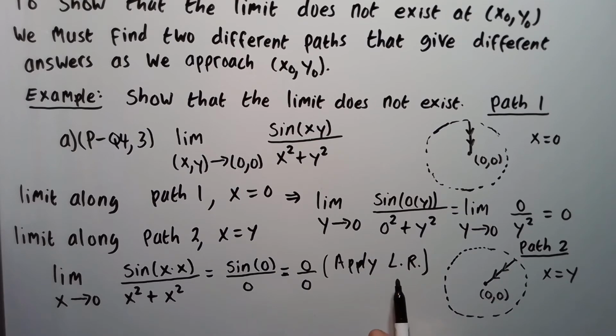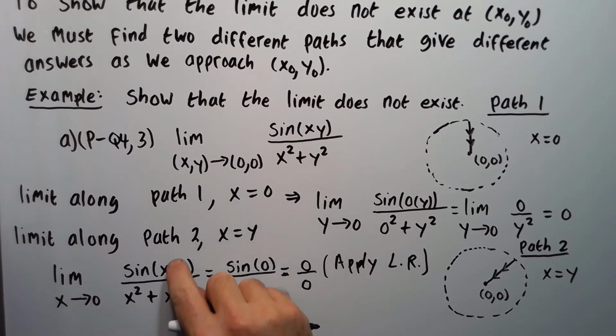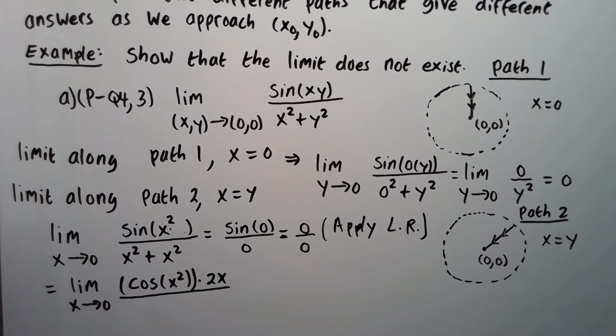Applying L'Hopital's rule, I can take the derivative of the top, the derivative of the bottom, and then take the limit again. Let me write this as x squared here. The derivative of the top would be the derivative of the outer function, so it'll be cosine, then multiply by the derivative of the inner function.